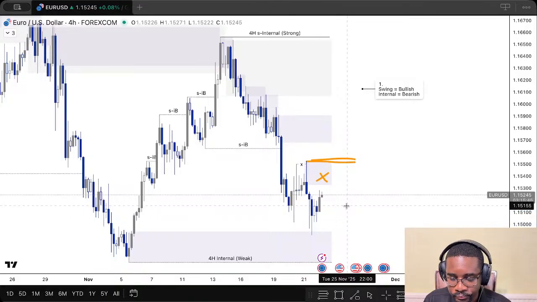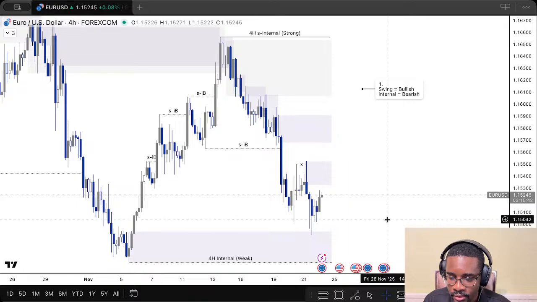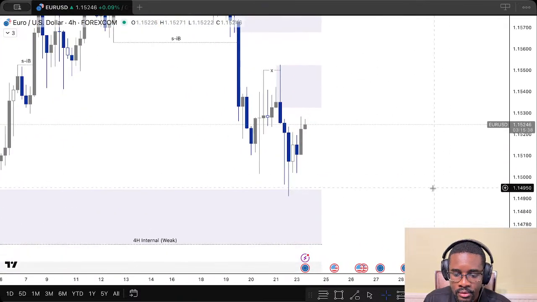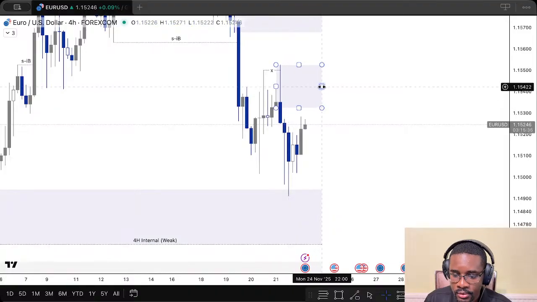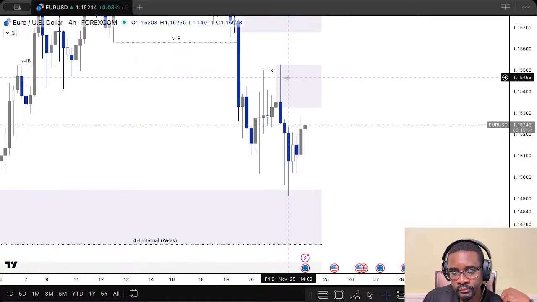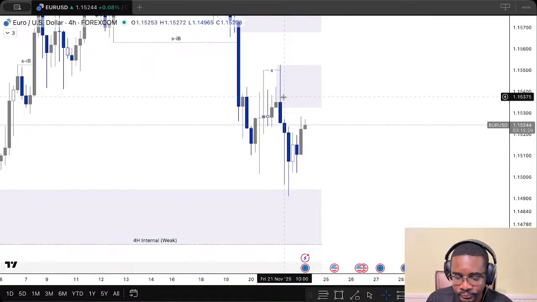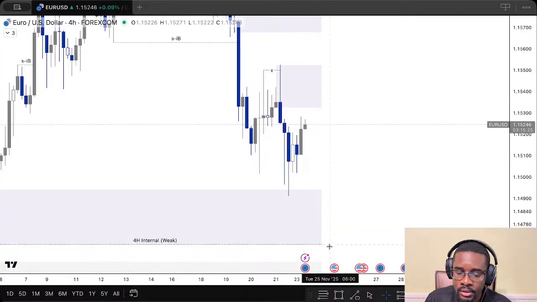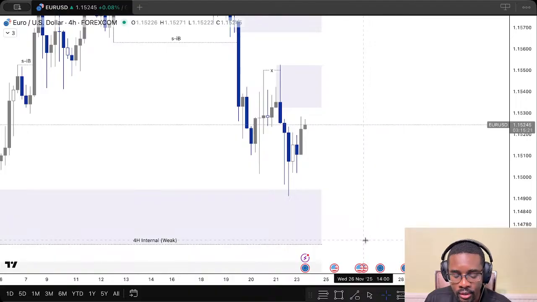But as it stands, this is our supply where we're expecting a reaction, price to continue lower until it takes out this weak internal low.